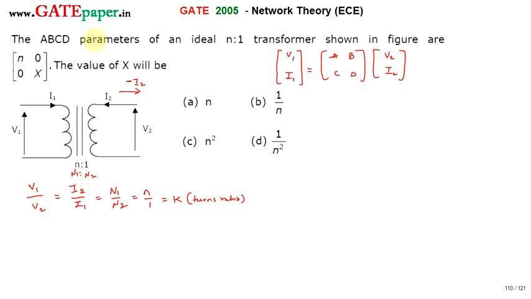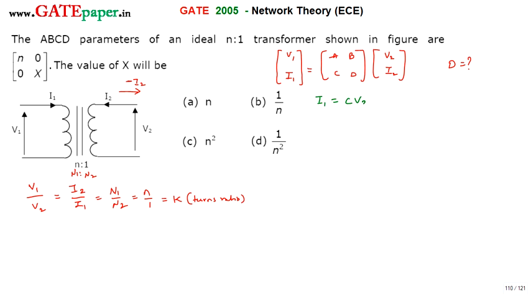Now, if you compare the given ABCD matrix with this relation, A value is n, B value is 0, C value is 0, D value is x. So simply you are going to calculate the D value. You are asked about the calculation of D for the given circuit. To find the D value, use matrix multiplication and get the value for I1.